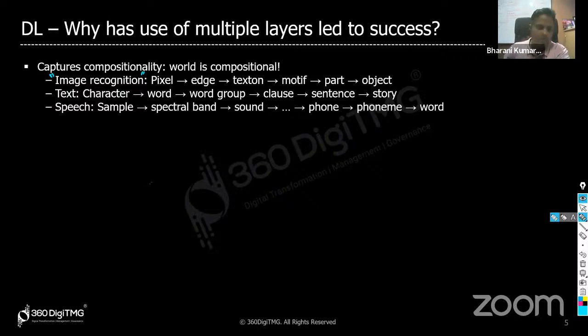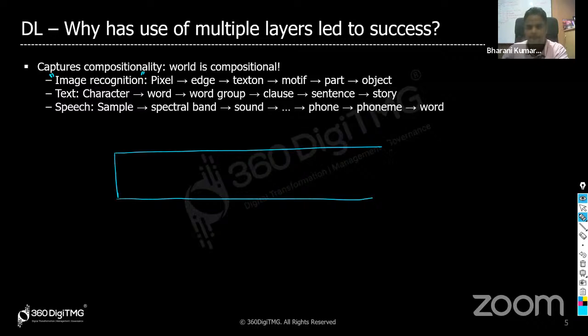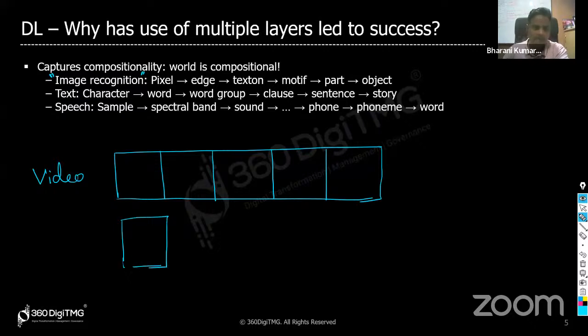So if you have a video, for instance, the video would be broken down into multiple images. So each of these are images. And each image would be broken down into pixels.